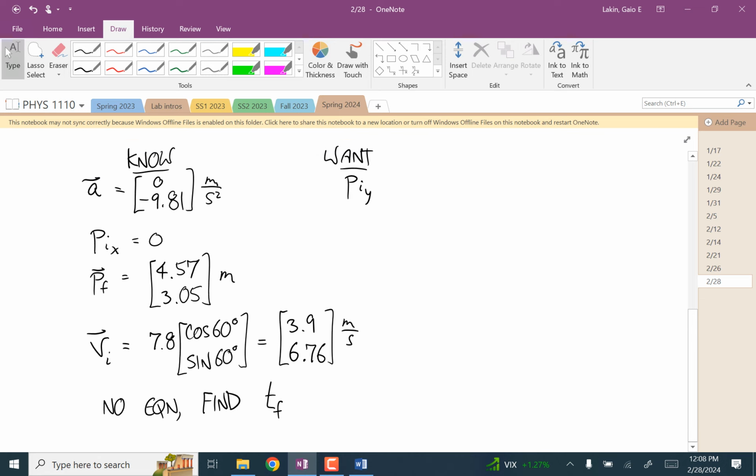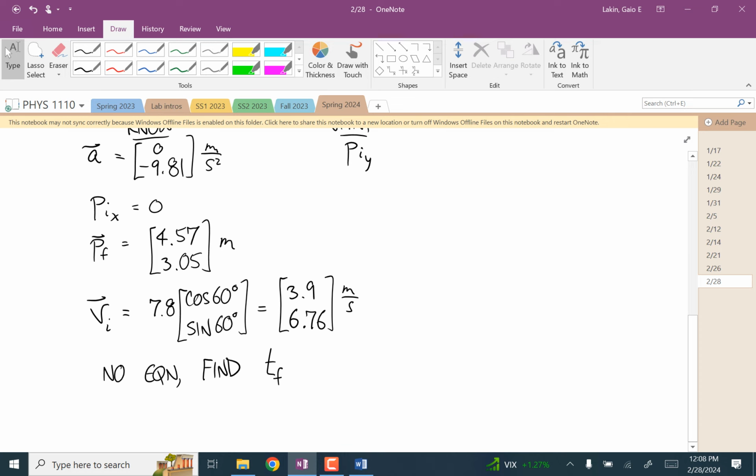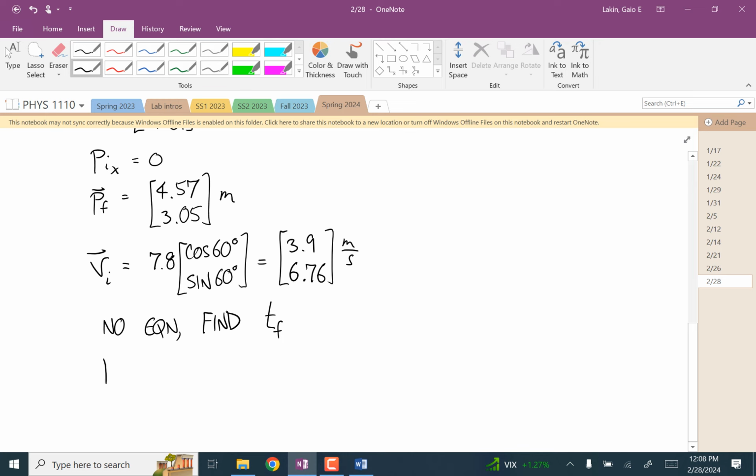To find TF, we're pretty used to using the y component equation, the PF equation, PFY is equal to PIY, that thing. But in this case, that one won't work, but the x equation will. So we're going to use PFX is equal to PIX plus VIX TF plus 1/2 AX TF squared.